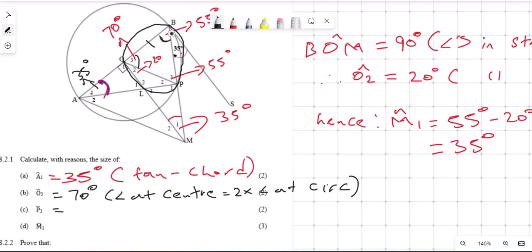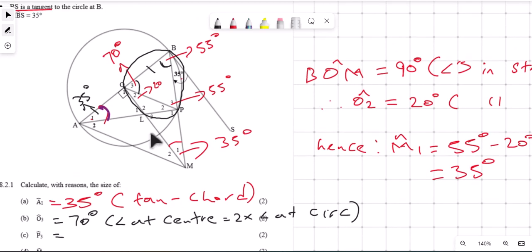So let's see. This is 55. And then if it's a cyclic quad, what will it mean? Any idea?